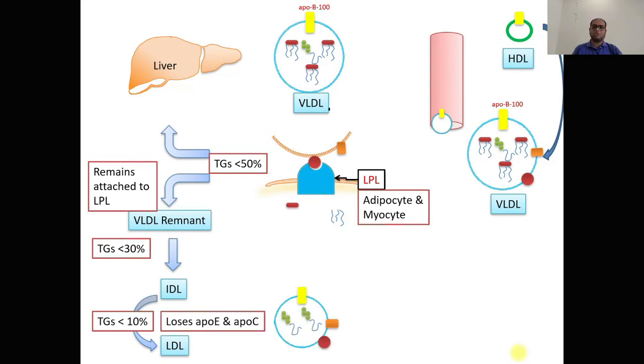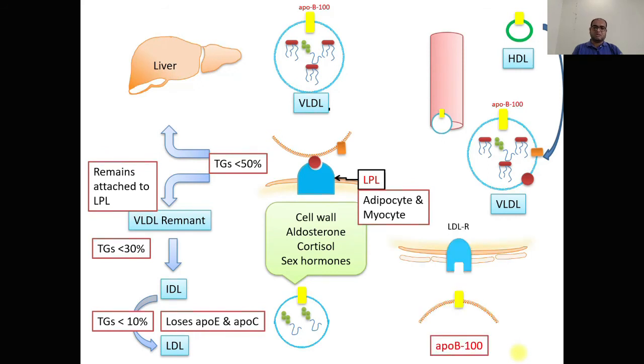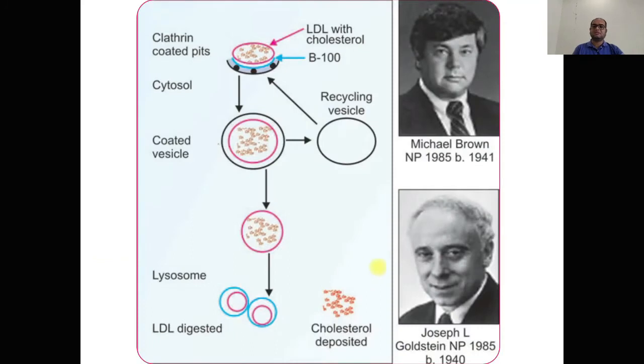Here it loses ApoE as well as ApoC, which then go into the various cell walls as well as being utilized as a component of various structures. Now the structure which remains is going to bind with the LDL receptor, and it is going to get degraded.